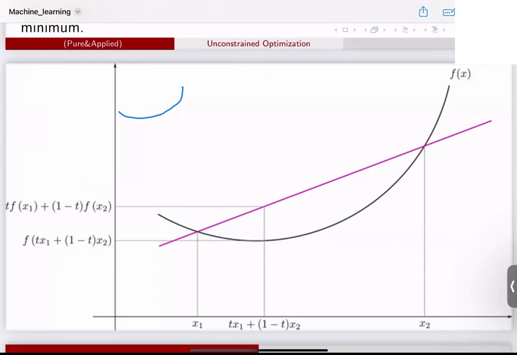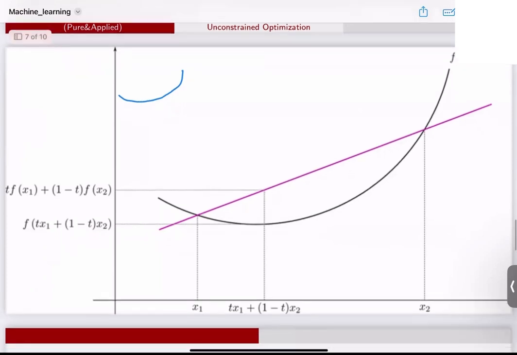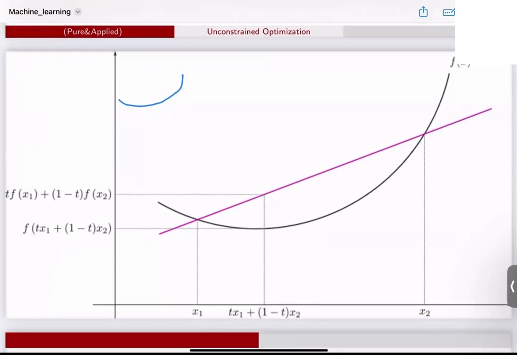If we want to give this a mathematical definition, here's how one would do it. We'd say for any 2 points x1 and x2, you look at the value of the function here and the value of the function here, and you take a linear combination of these. If you take t between 0 and 1 and you take a combination of the value of f at x1 and the value of f at x2, it's going to be a point here.